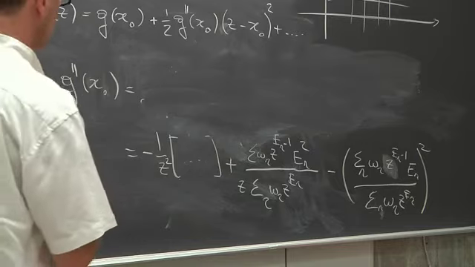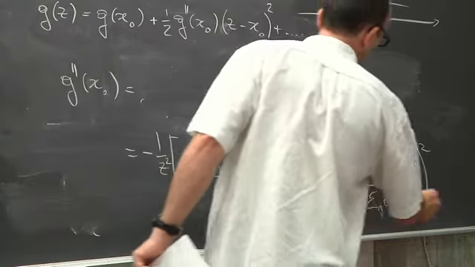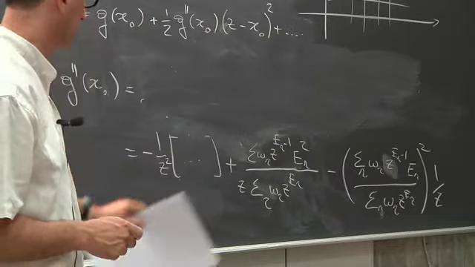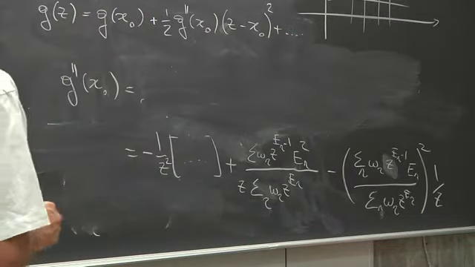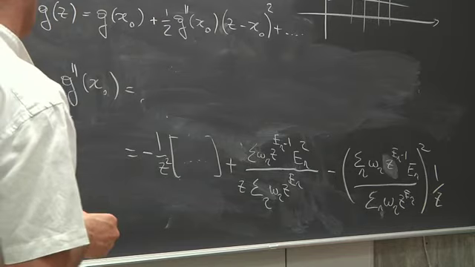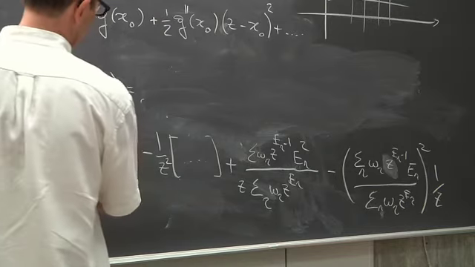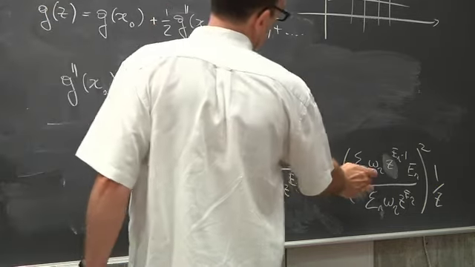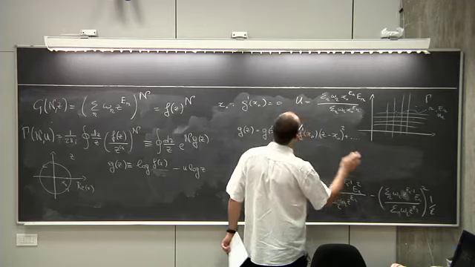And here I forgot also the factor 1 over z. So when I compute it at x naught, this term will be equal to 0, as we said, and this essentially will be equal to u squared.